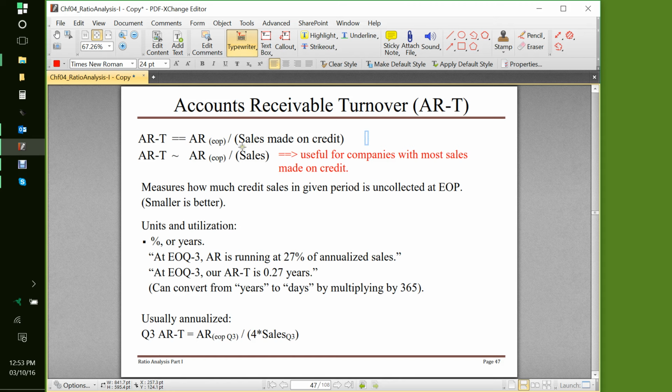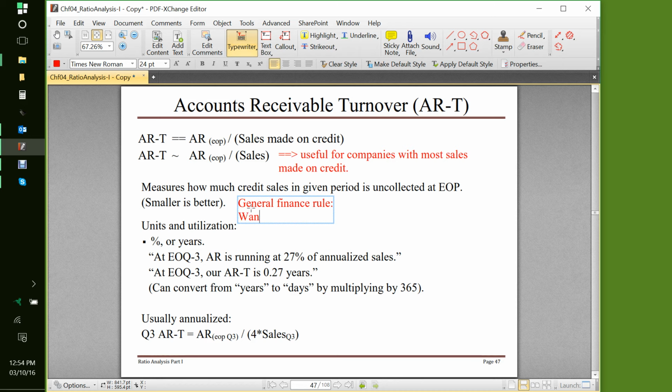So if we think about this a little bit, do we want to have big accounts receivable? In general, no. General rule in finance is that, let me write this down for us. In general, I've mentioned this before, but it's worth saying again.